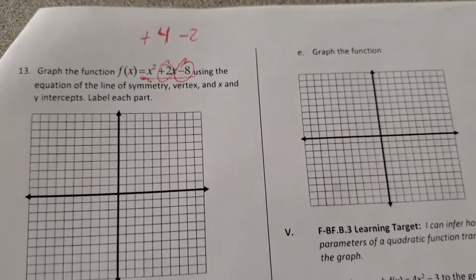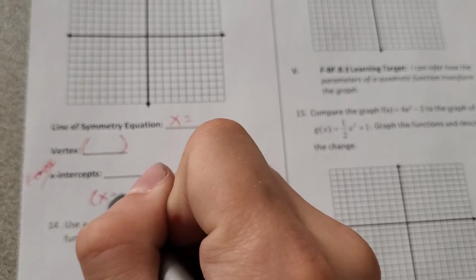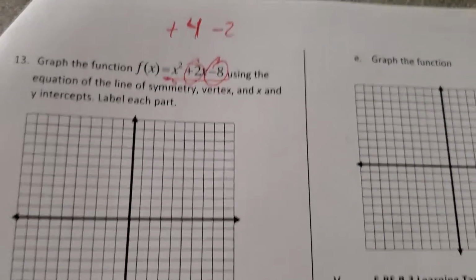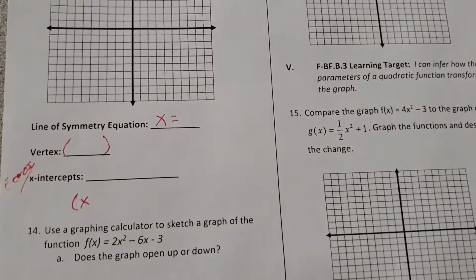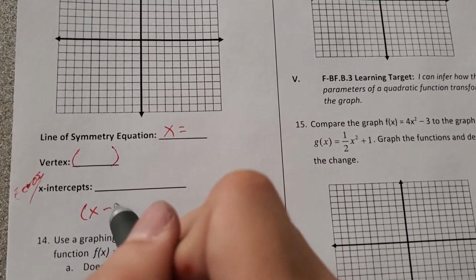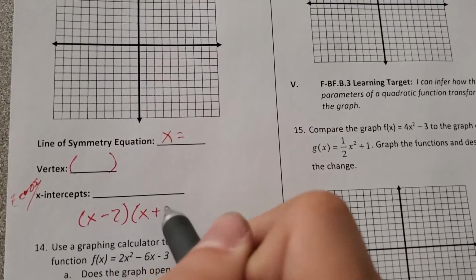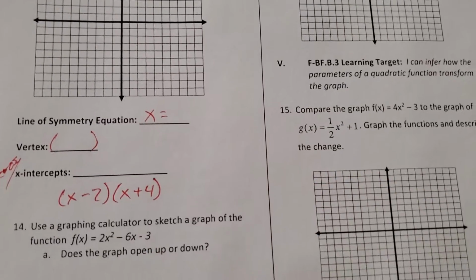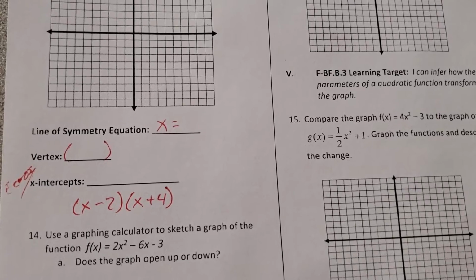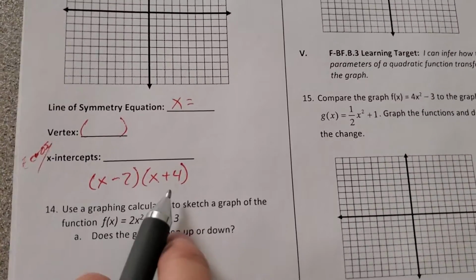That means my factors are going to be at -2 and at +4. There are my factors. That means my x-intercepts will be the opposite of what I have in here.